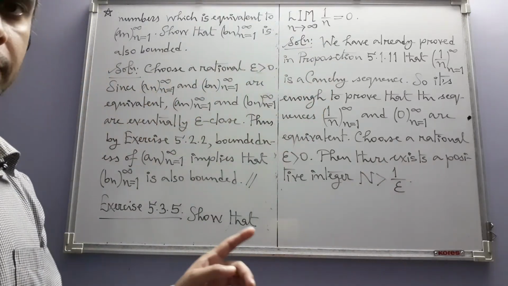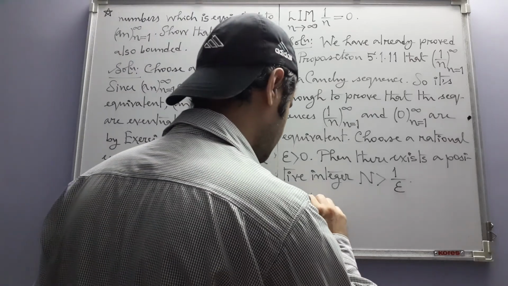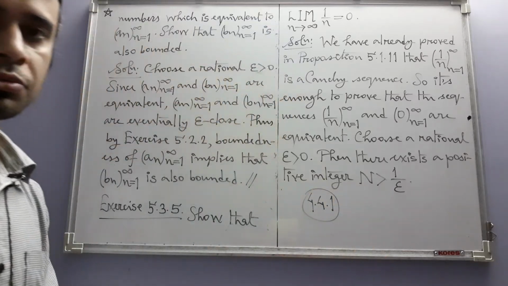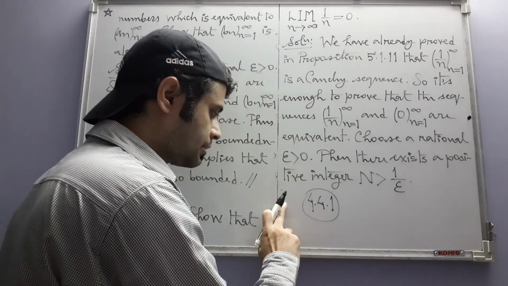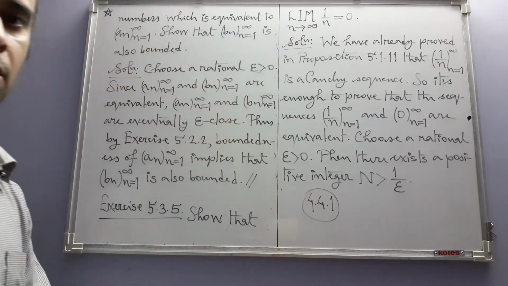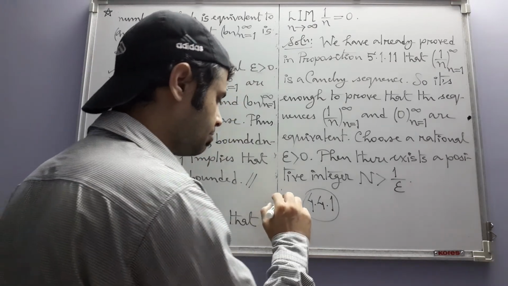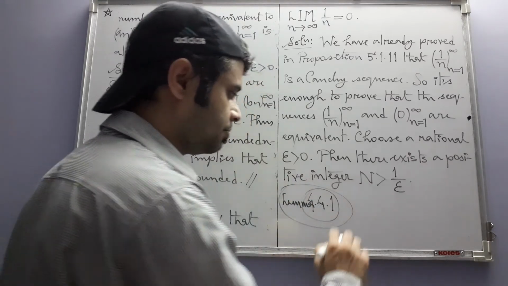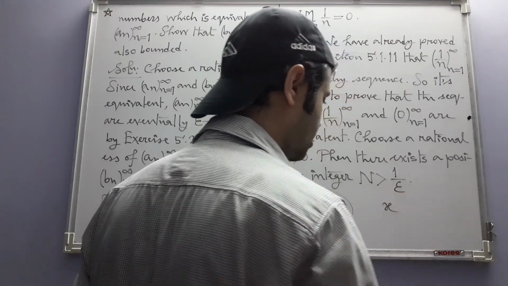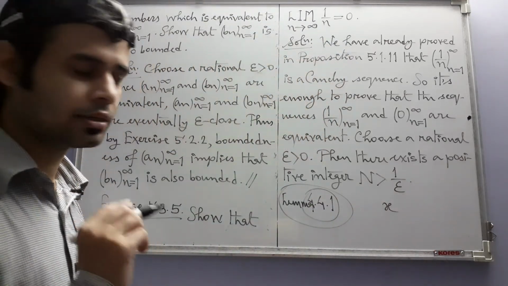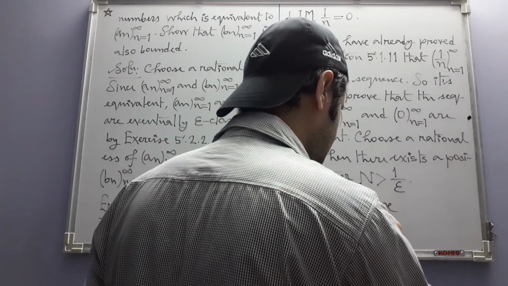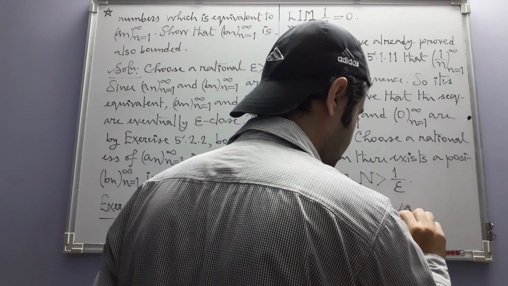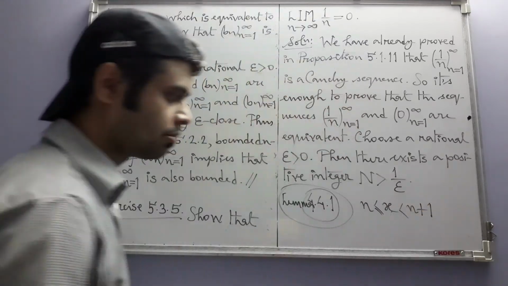The existence of such an N comes from the result with this number 4.4.1. I can't exactly remember if it's lemma or theorem or proposition. I think it's lemma. That result tells you that for every rational number x there exists exactly one integer n such that n is less than or equal to x and x is strictly less than n plus 1.